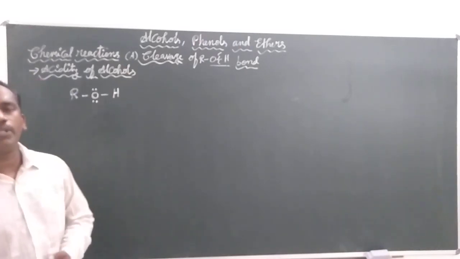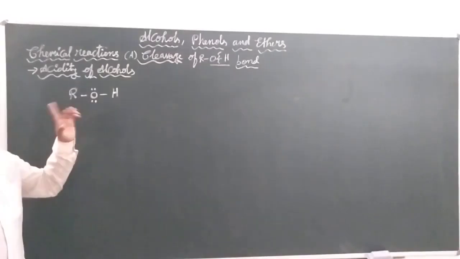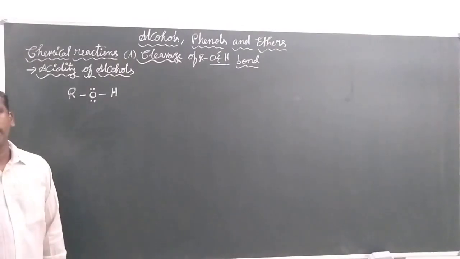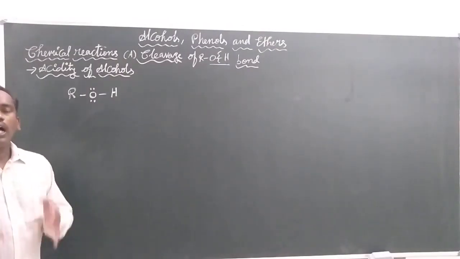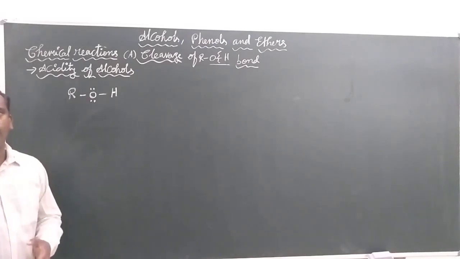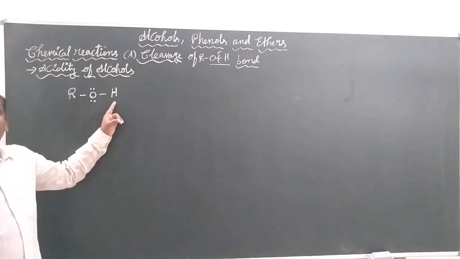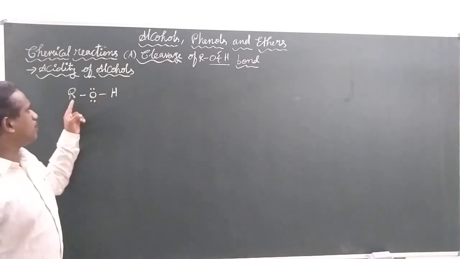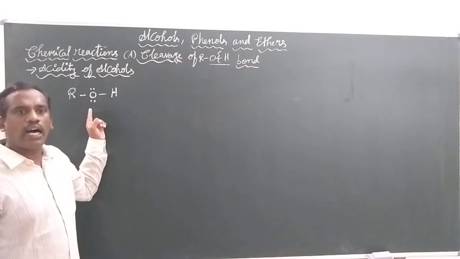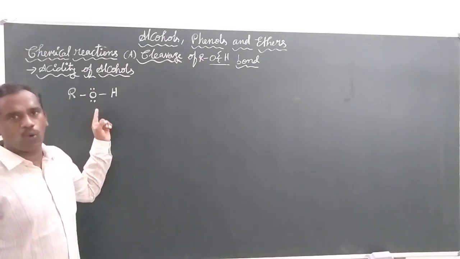So let us take up the acidity of alcohols first. Alcohols are a group of compounds in which oxygen has a single bond with hydrogen, and there is some group of atoms called R, meaning an alkyl group.